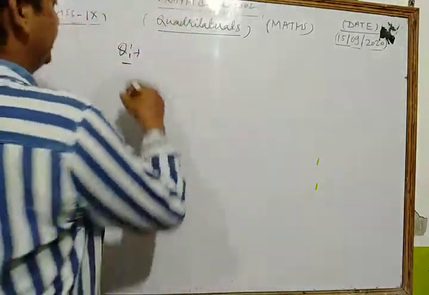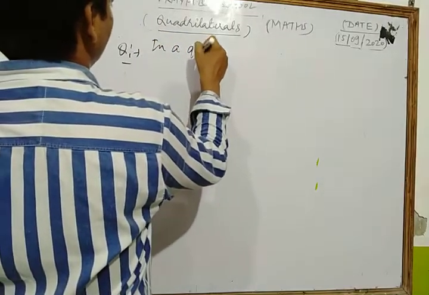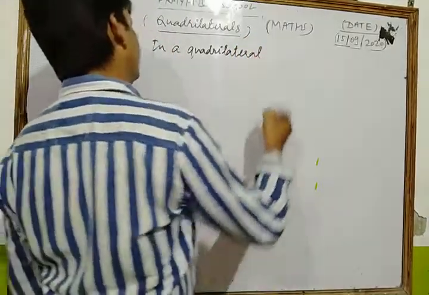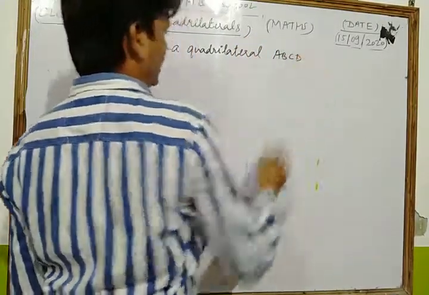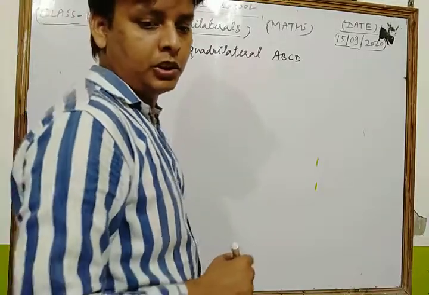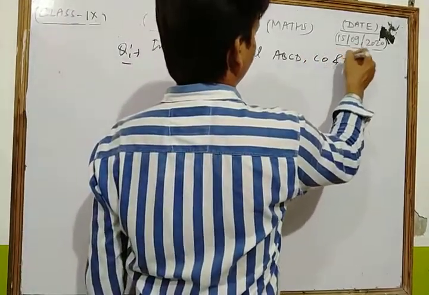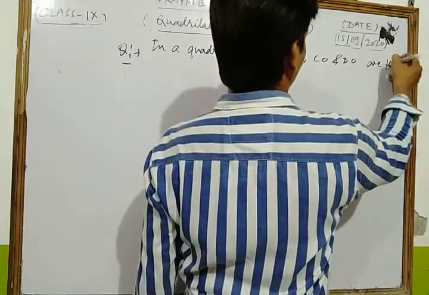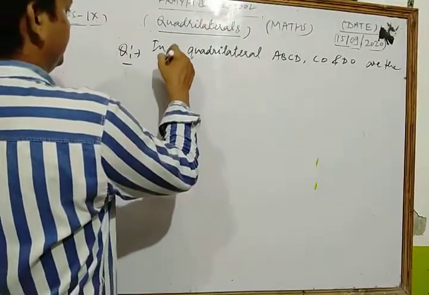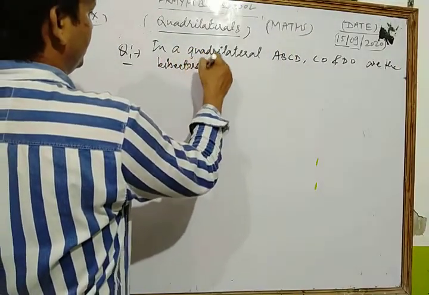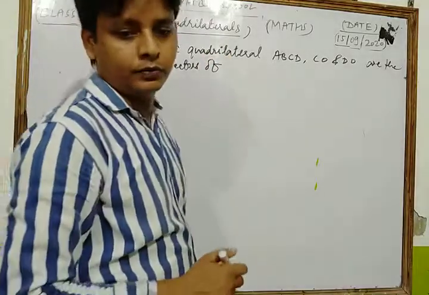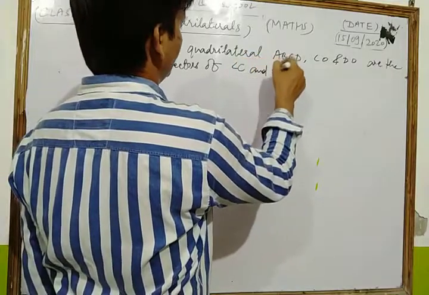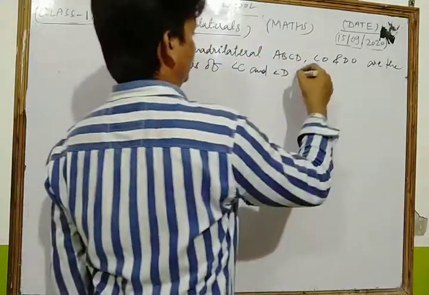In a quadrilateral ABCD, CO and DO are the bisectors of angle C and angle D respectively.